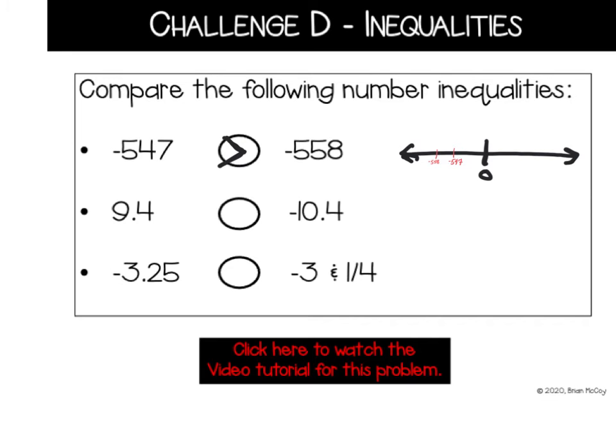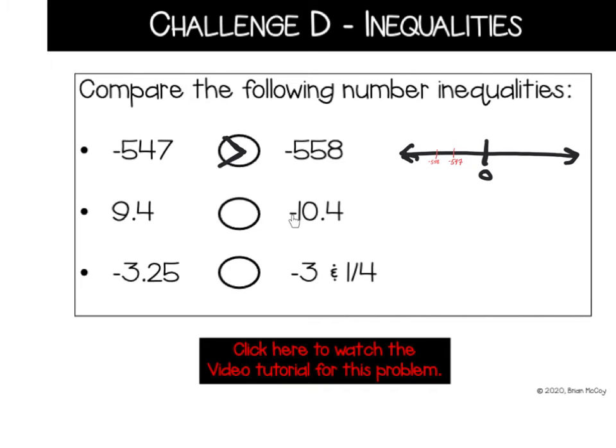Bam, love it. All right, now we're working with decimals. I've got 9.4, and over here I've got negative 10.4. Now, if you notice, one is a positive number, so it would be over here in the positive, and this number would be in the negative, not nearly this far, right way in there.